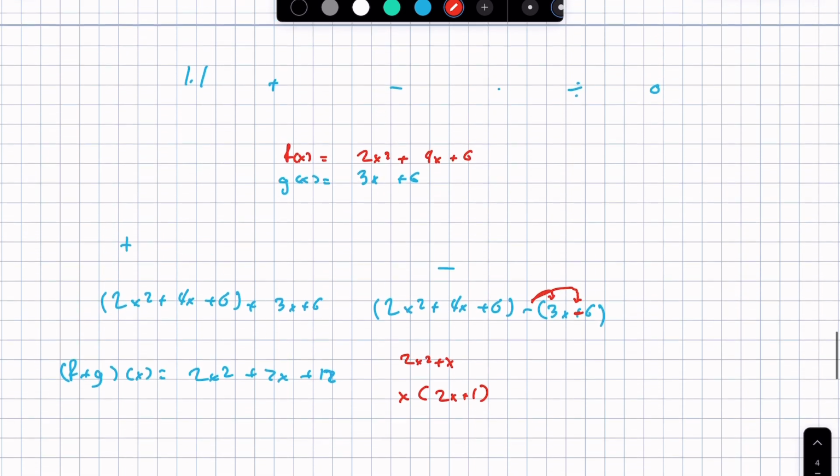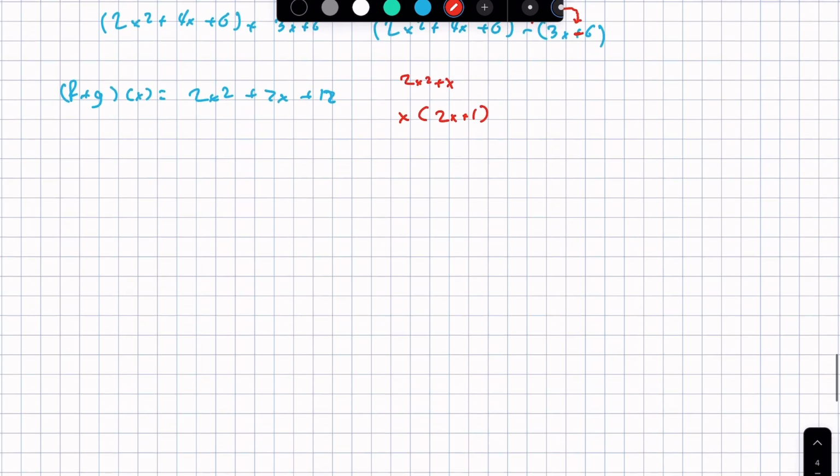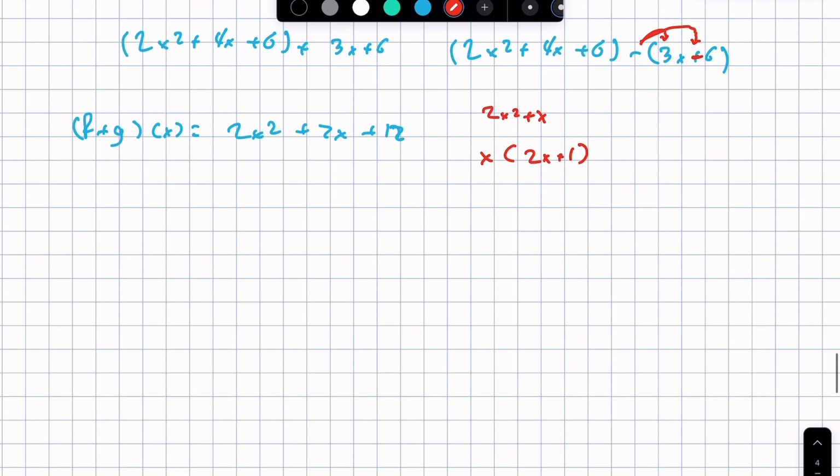So multiplication, basically again, same thing, but now it's in multiplication.